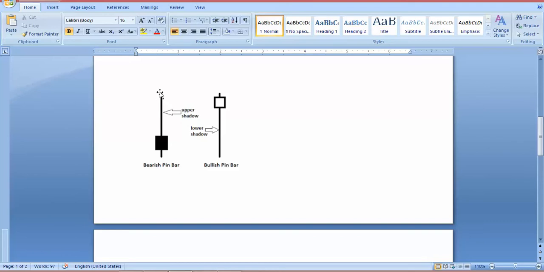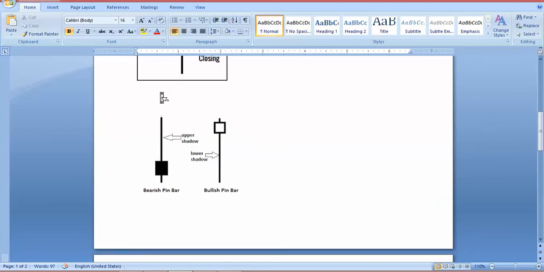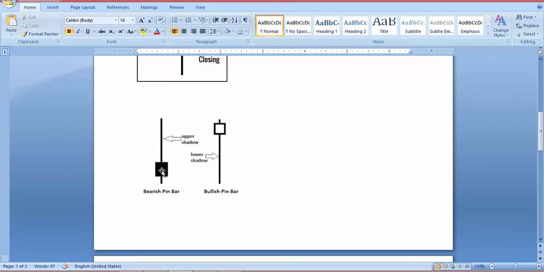Then the sellers or the bears pushed price from the top down to this place, then it closed here. Therefore it tells you that there's selling pressure mounting on the market, or on the candle. So that is what it means.